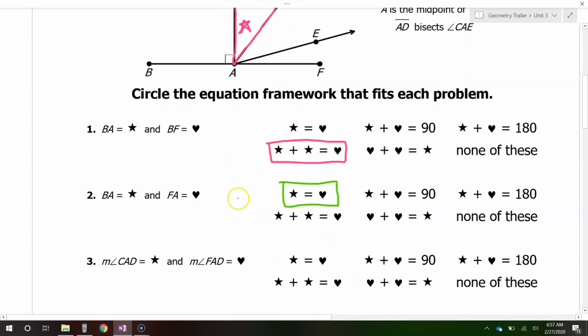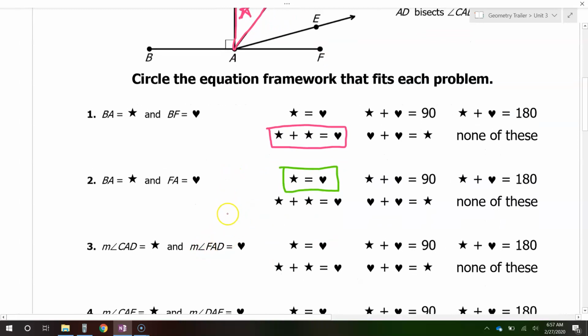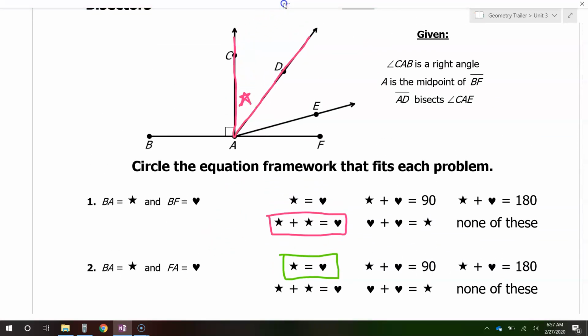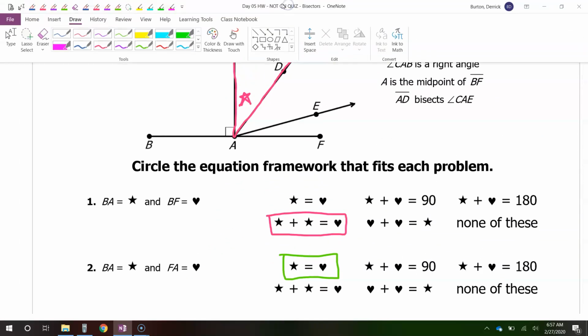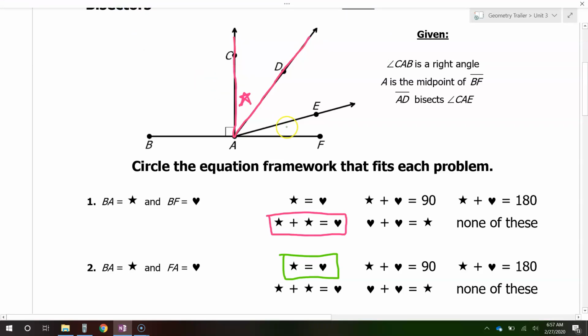That's the star. Angle FAD will be the heart. FAD is right here. I'm trying to put them side by side so you can see.